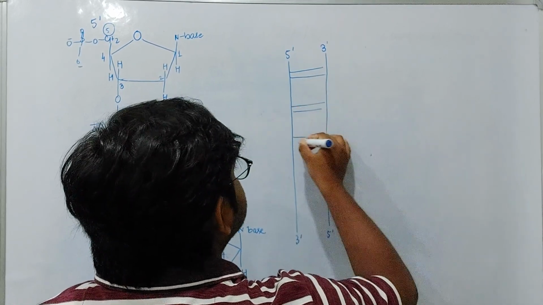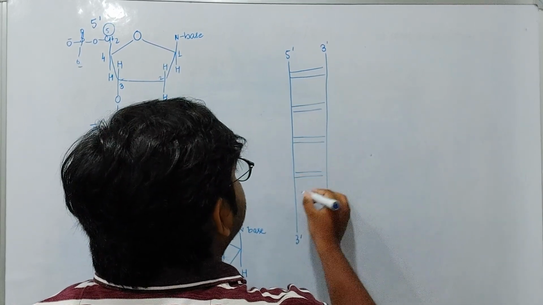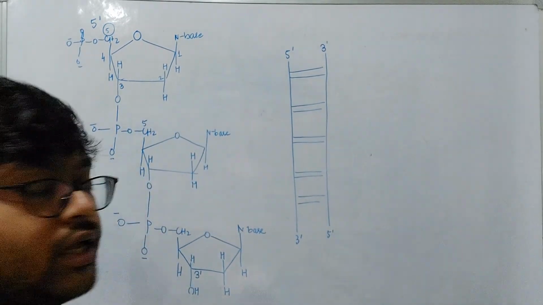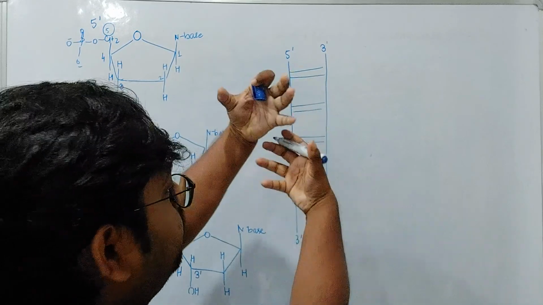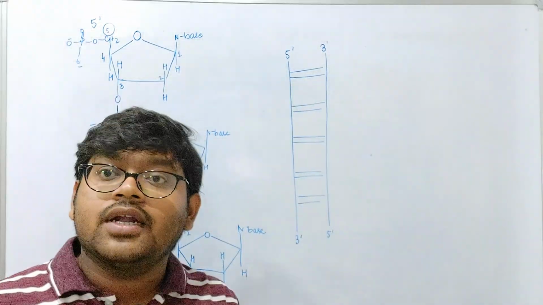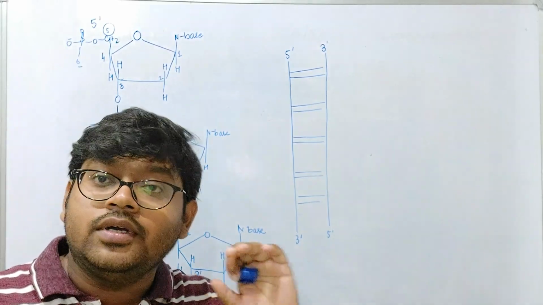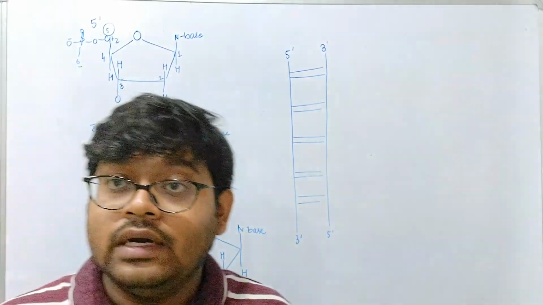What type of linkage? Linkage through hydrogen bonding. So this is basically the structure of DNA. Just bend it like this, you will get a helix. So that's why it is called the double helix structure of DNA.